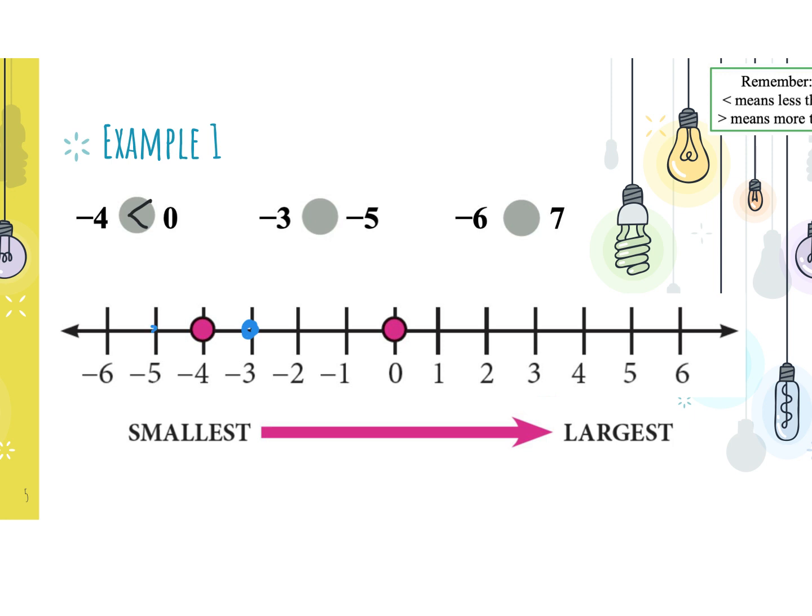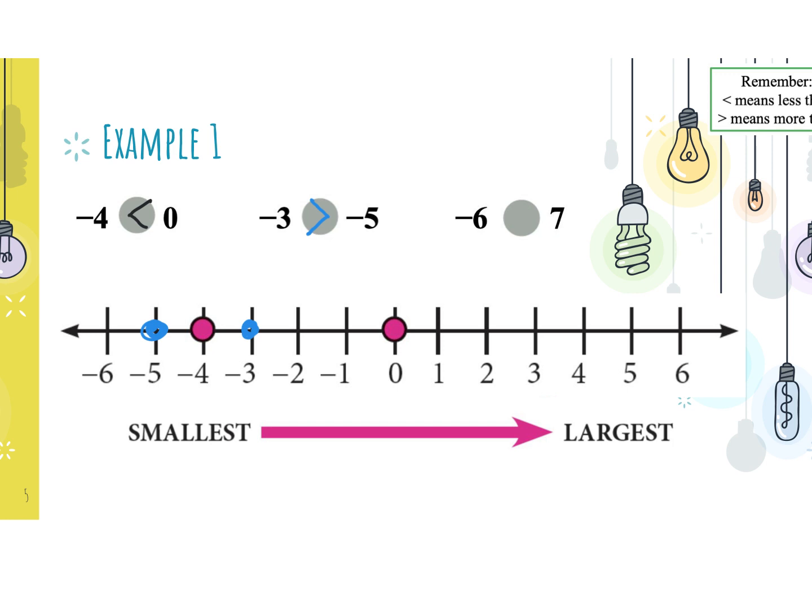Negative 5 right here. We see that negative 3 is furthest to the right on the number line. That means negative 3 is the bigger number, which means negative 3 is greater than negative 5. We're going to put that negative 3 is greater than negative 5 right there.